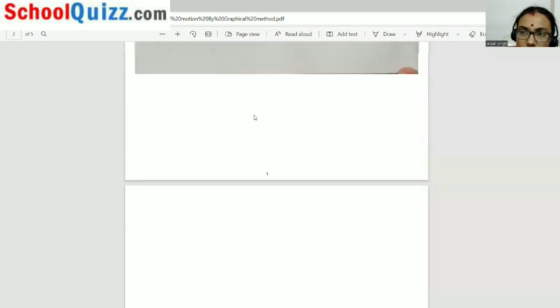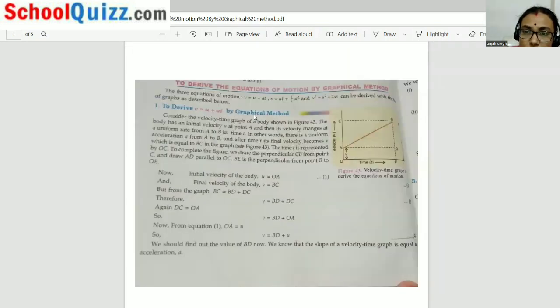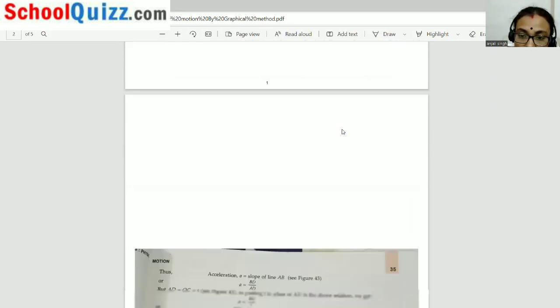Every time you know acceleration is the slope. This is the slope, meaning the change in velocity will give you acceleration. So as we already studied, AB is the slope, and that is showing the change in velocity. Clear? So here it is like that.